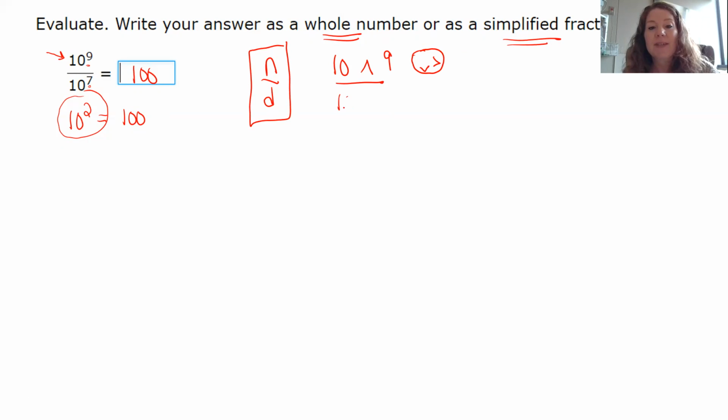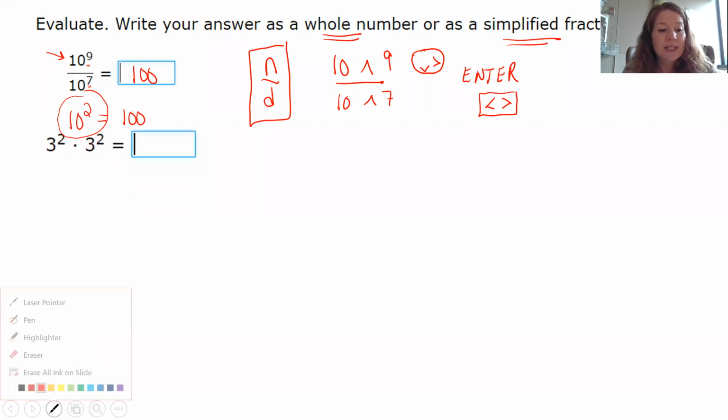You're going to type 10 caret 7. These are buttons on your calculator. And when you hit enter, it's going to tell you the answer is 10 squared. And if you want to know what that answer is, you hit the double arrow button above the enter button, and that will give you the 100.